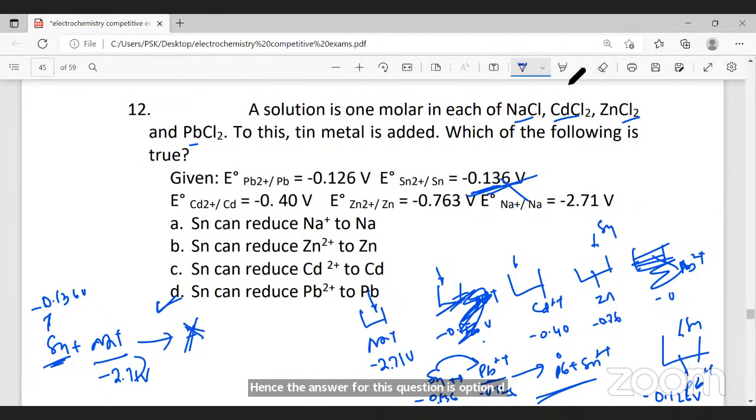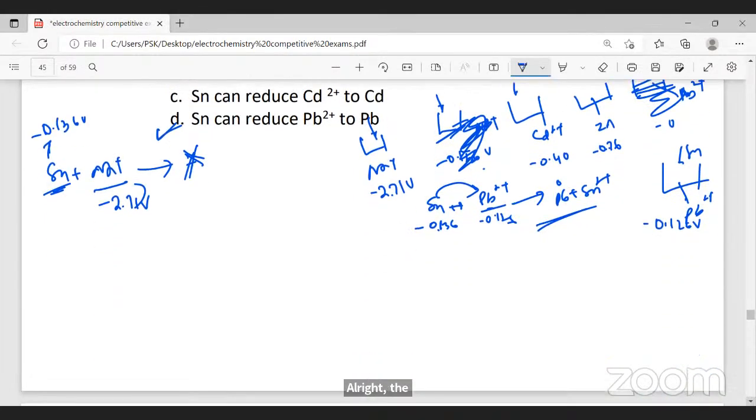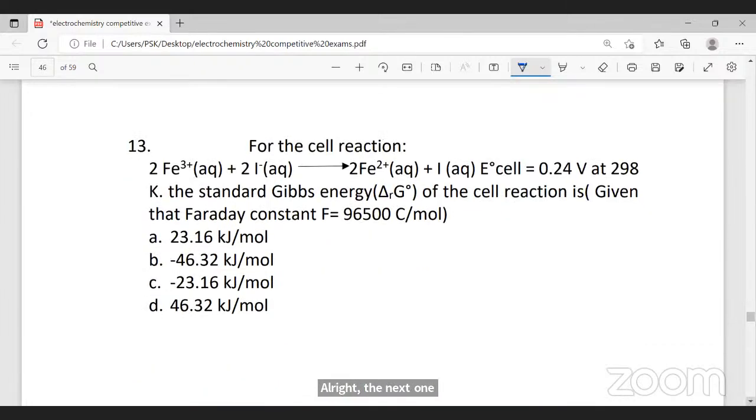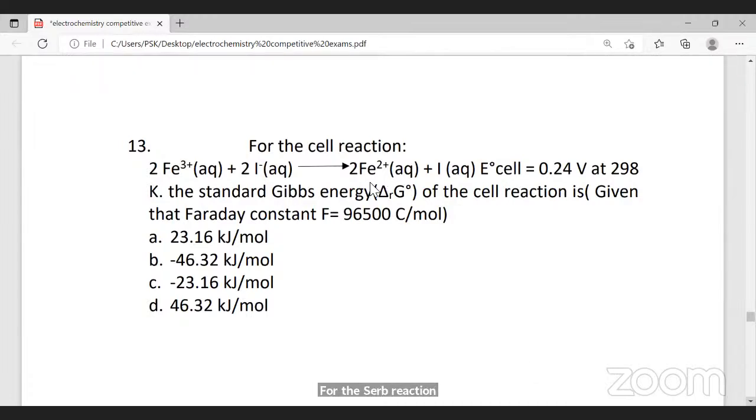All right. The next one, for the cell reaction, Fe3+ aqueous plus 2I minus aqueous, giving you 2Fe2+ aqueous plus I2 aqueous. See, this is a redox reaction. Iron is getting reduced.